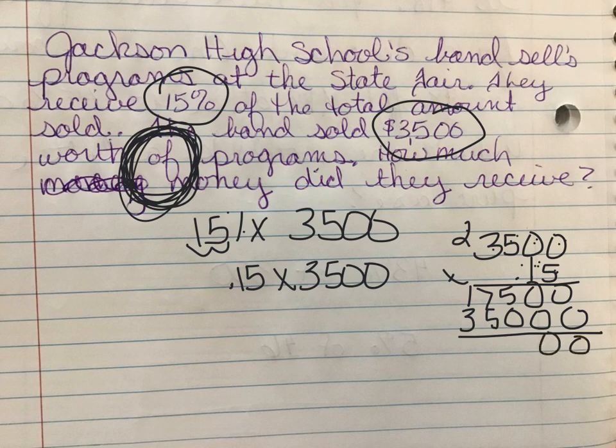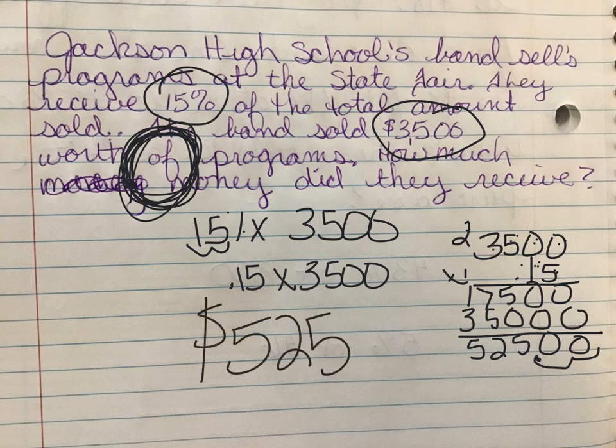Bam, bam, adding, adding. Now we look at how many numbers are behind the decimal. 1, 2. Move twice. 1, 2. So the band got $525. All right. That's the end of our video.